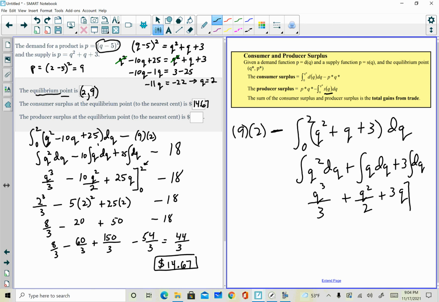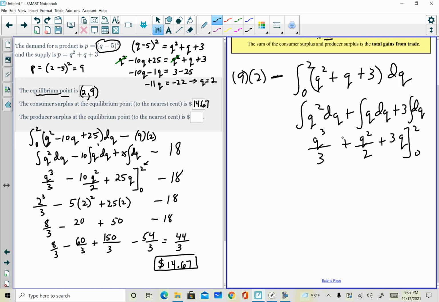Copy the plus. 3, the integral of dq is Q. We put a bracket here with 0 and 2. So 2 will replace all of the Q's. 2 cubed over 3 plus 2 squared over 2 plus 3 times 2. Replacing Q with 0 will make each term 0. 0 plus 0 plus 0.